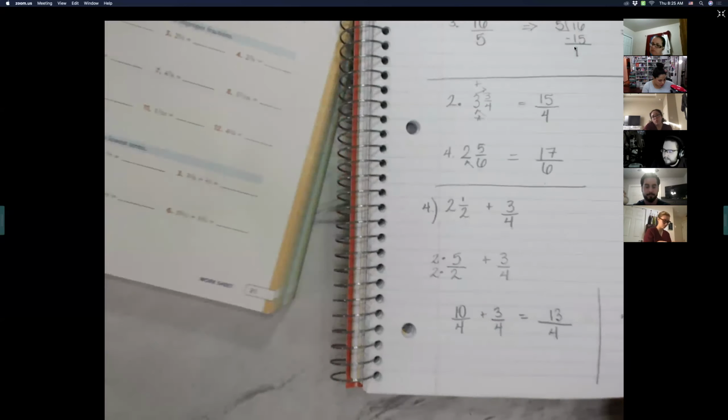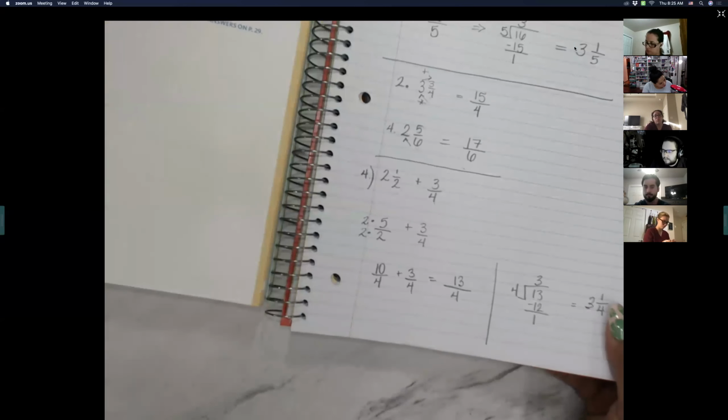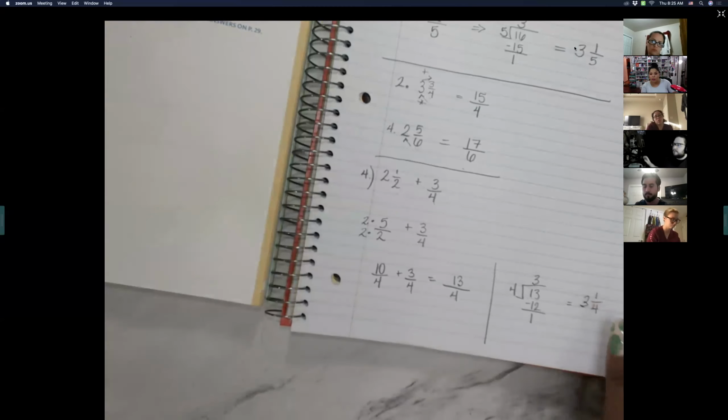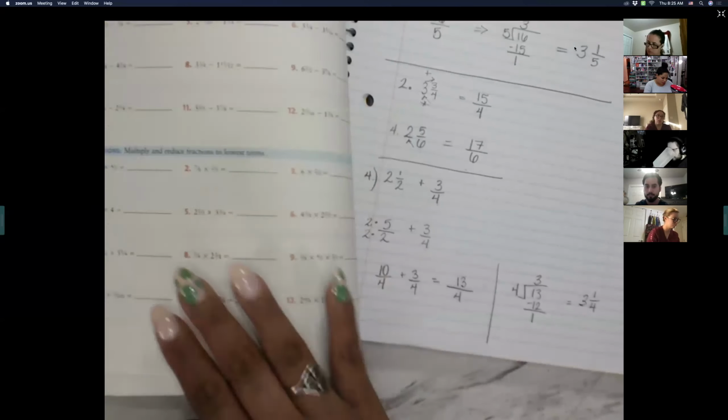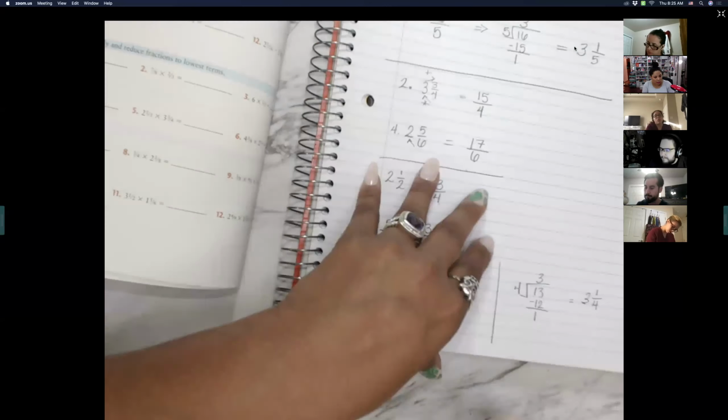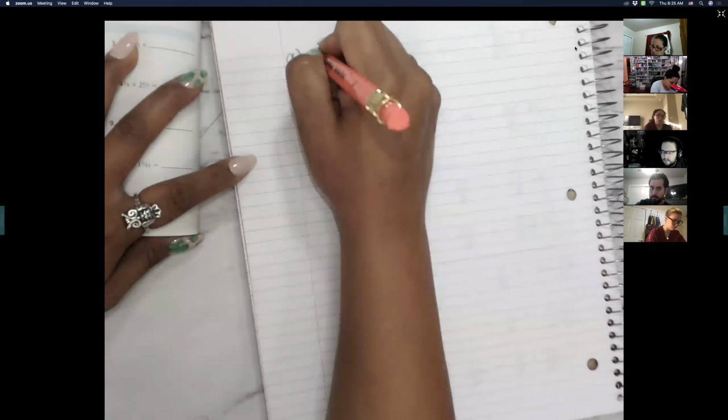So let's do one more of these, add and then reduce. So let's try this next one. This is number 9 in worksheet 1. And it's asking us to take 2 2/3 and add 3 7/9.